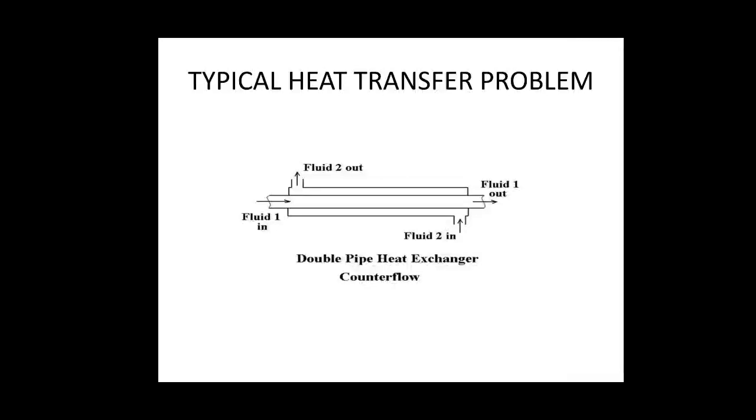So as a design engineer, if I have given you certain data, that my inlet fluid 1 temperature is say 100 degrees Celsius, and I want the outlet fluid 1 temperature to be 25 degrees Celsius, you will be able to design what should be the length of this pipe, what should be the diameter of this pipe, and all those things, given this much data.